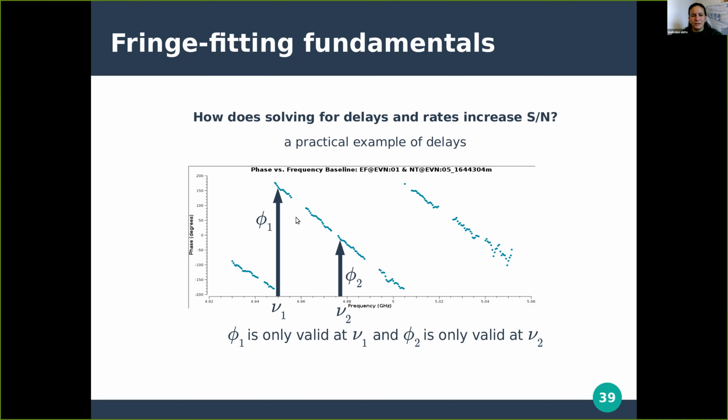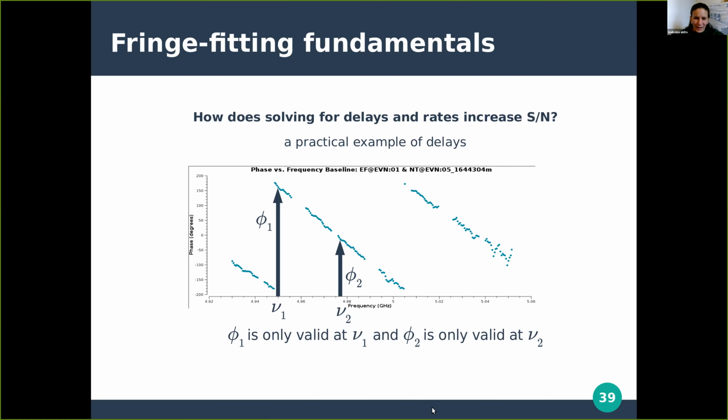The reason is that phi 1 is only valid at frequency 1 and phi 2 is only valid at frequency 2. So you can't find phi 1 at frequency 1 and apply it to frequency 2 and get a correction that puts the phase back to 0.